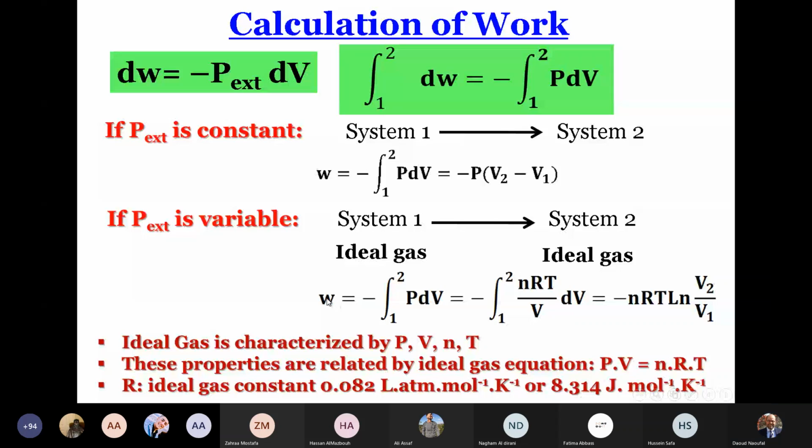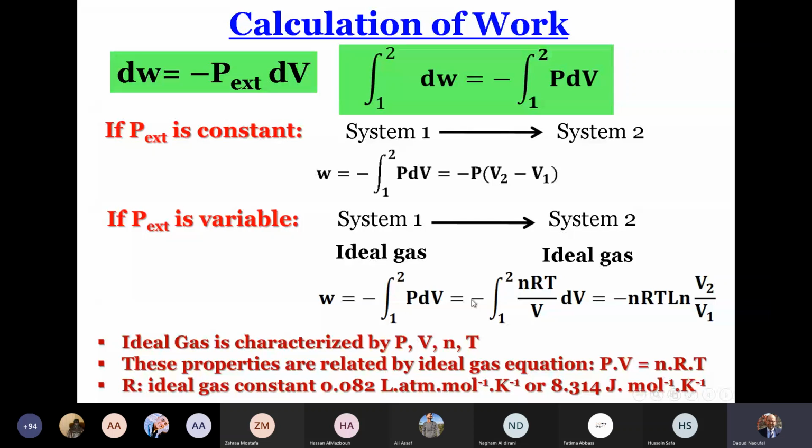Therefore, W equals minus the integral from 1 to 2 of P dV. So it equals minus the integral from 1 to 2, where instead of P we put its function of the volume, nRT divided by V, dV. n is constant, the number of moles of gas is constant. R is the ideal gas constant.